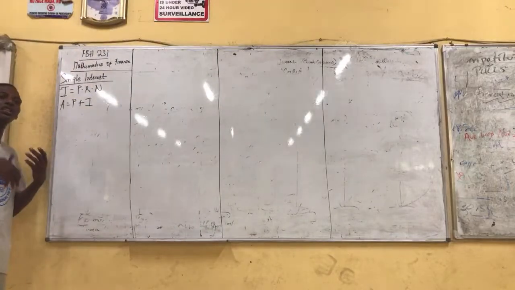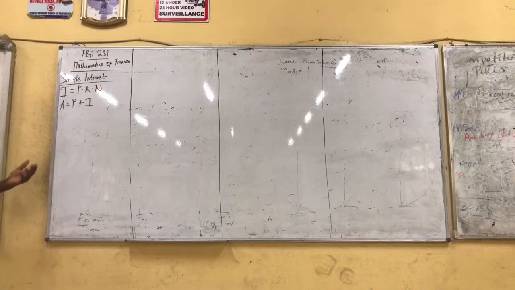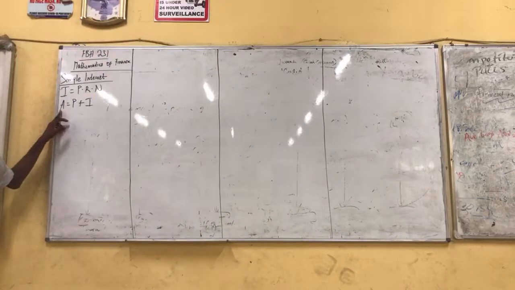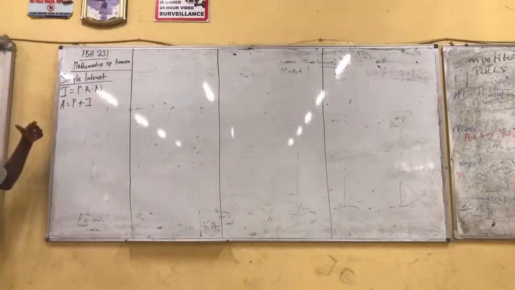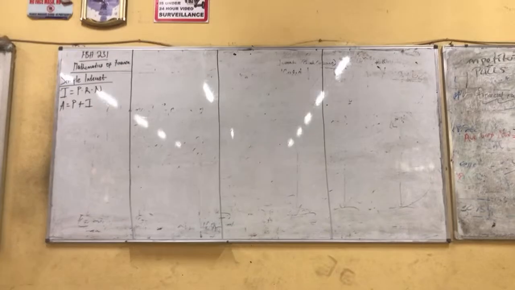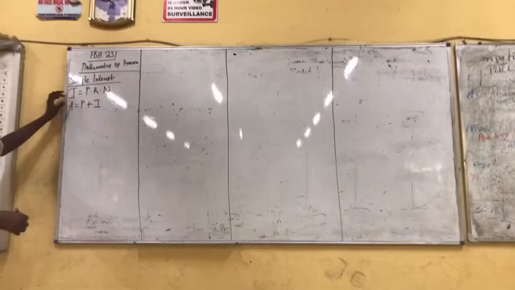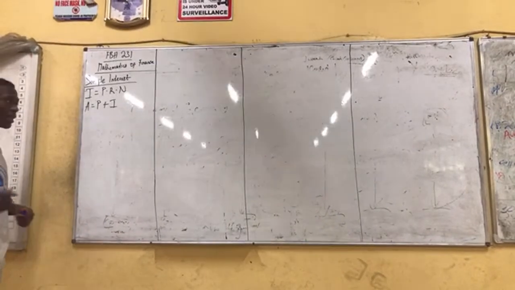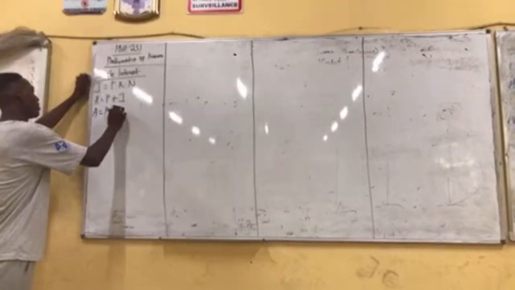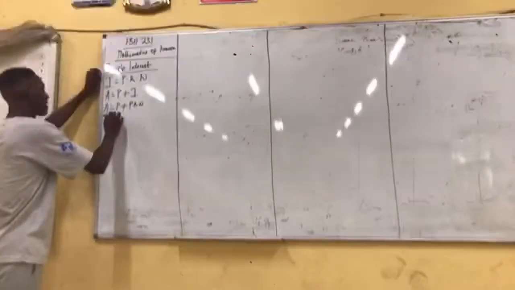Our amount is also equivalent to future value. So if you are asked for the amount at the end of 5 years, or at the end of 10 years, then you might not need to go through finding your simple interest. Your amount is your principal plus your principal times rate times time. So that's how they generate it.